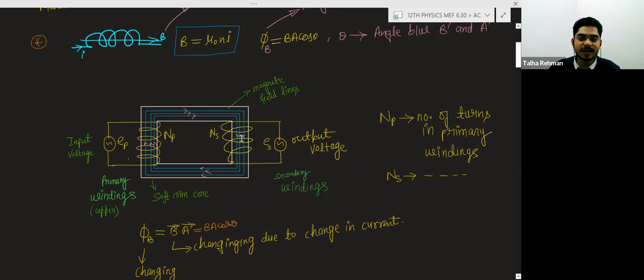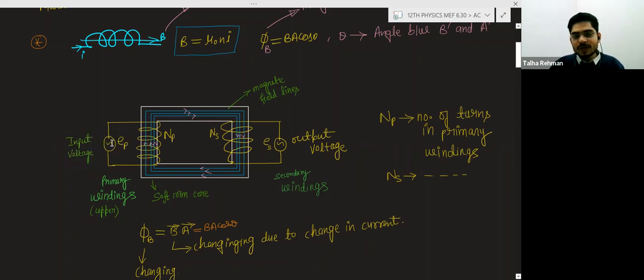And one thing here I have told you, the magnetic flux, very important part. Here these magnetic field lines are crossing the secondary winding also. What is the meaning of the magnetic field lines crossing the secondary winding? It means there is a magnetic flux crossing the secondary winding, and this is an alternating voltage.